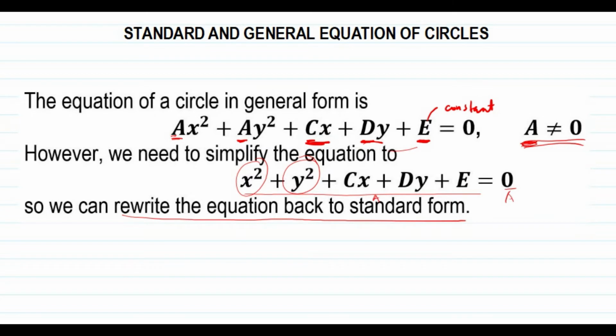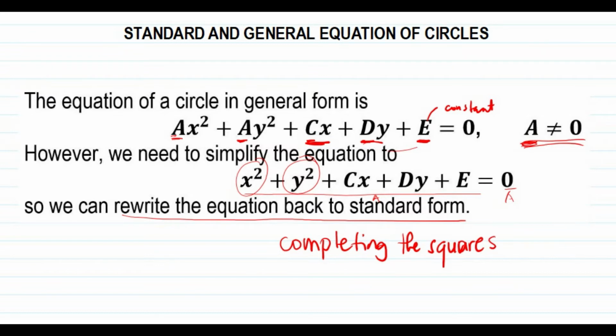I-divide natin siya para maging x squared, y squared lang. Kasi we will use the completing the squares. Katulad nung ginawa natin kanina. Hindi ko pala na-explain yun ng further. Completing the squares para maibalik siya into standard form. Okay? So, explain ko siya sa inyo in the next slide.